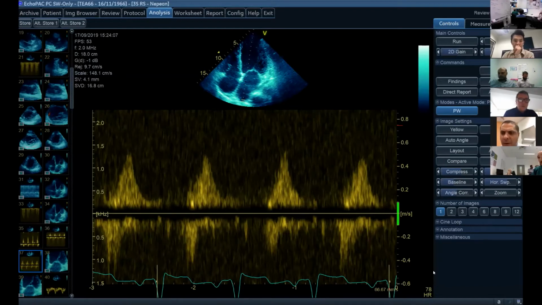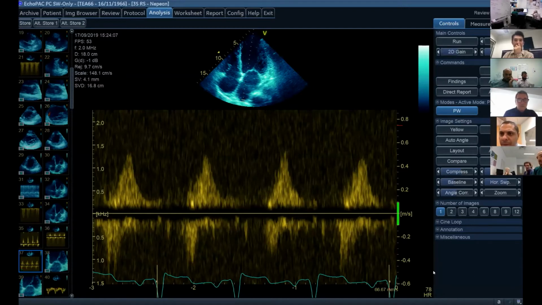This is pulse wave Doppler across the mitral valve in an apical four-chamber view, and I can see that there is a pattern consistent with at least moderate mitral regurg with the regurg flow across at -0.4 or -0.5.